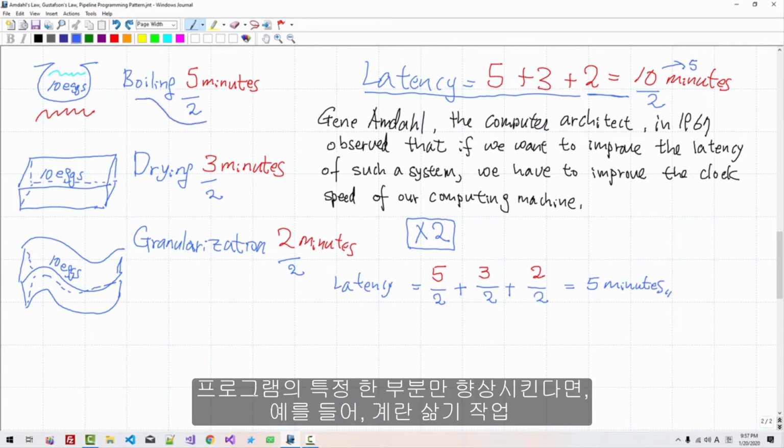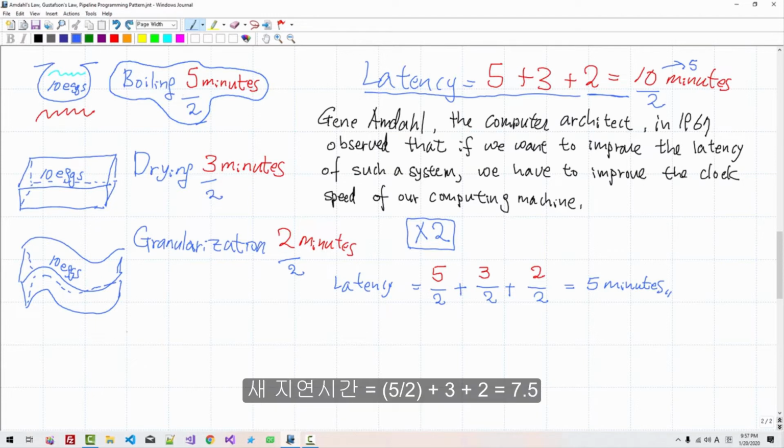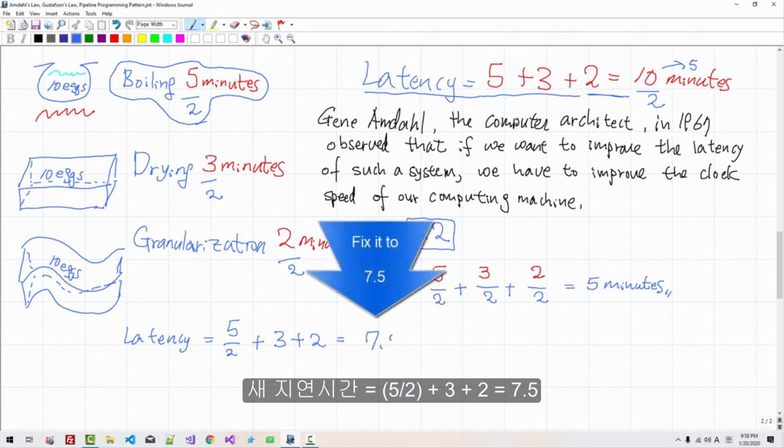If we improve only one part of our program, for example, the boiling process, the new latency will be 5/2 plus 3/2 plus 2, then it becomes 7.2.